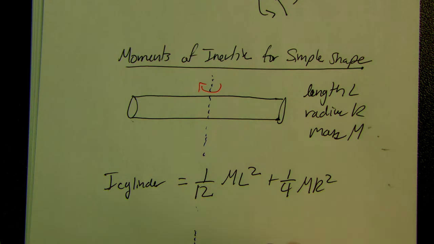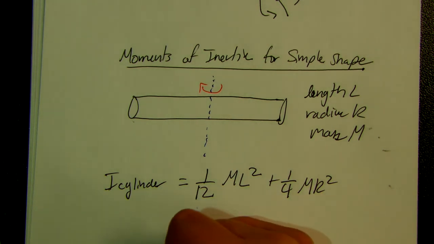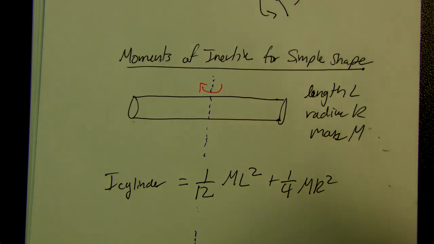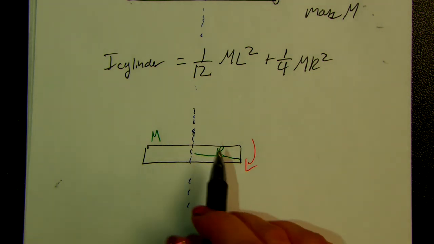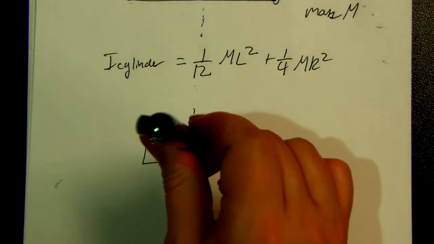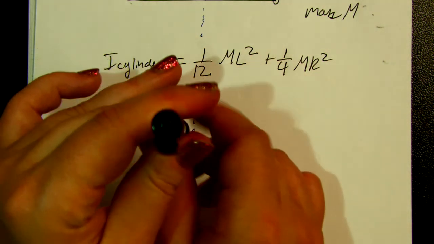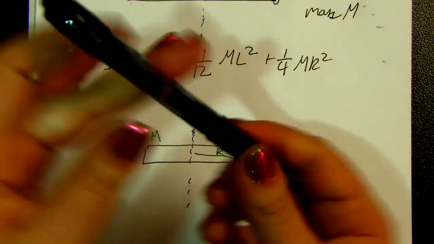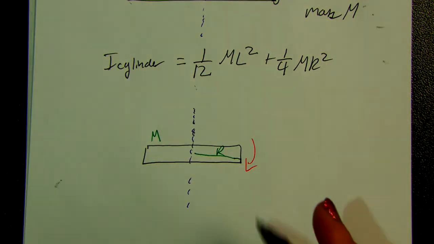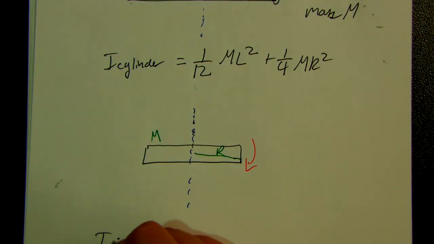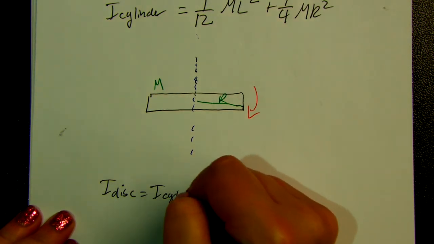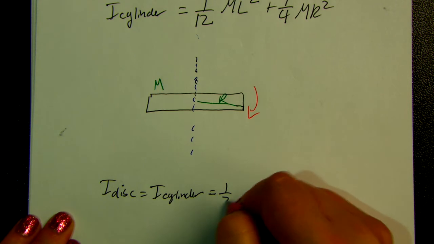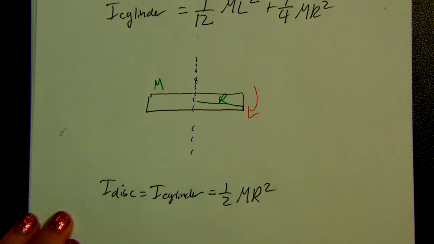It will have some radius R and some mass M. You could do this for a disk. You could also do this for a cylinder rotating with an axis of rotation cutting down through the center here instead of bisecting it. So I disk is equal to I cylinder is equal to 1/2 m r squared.